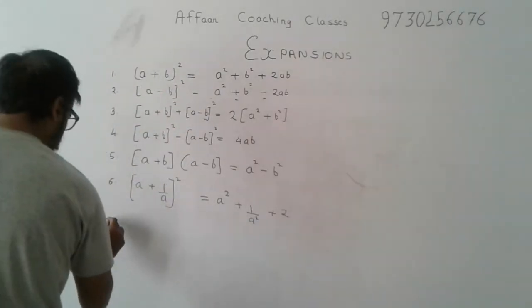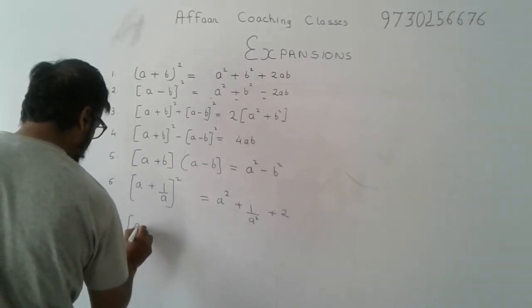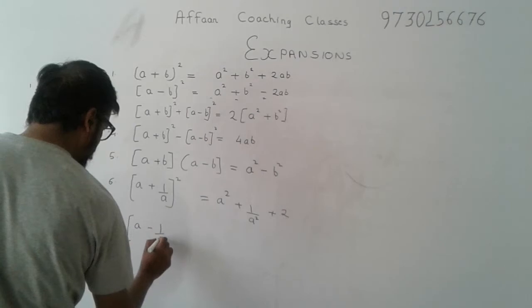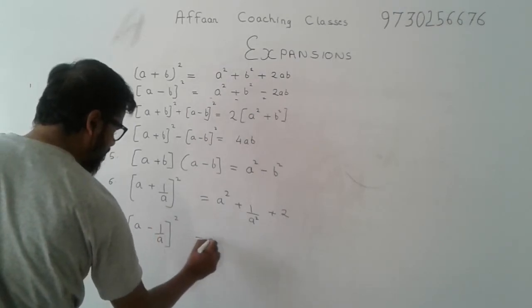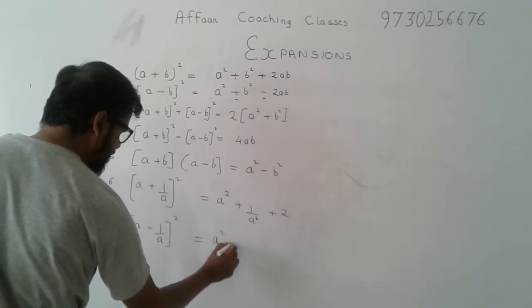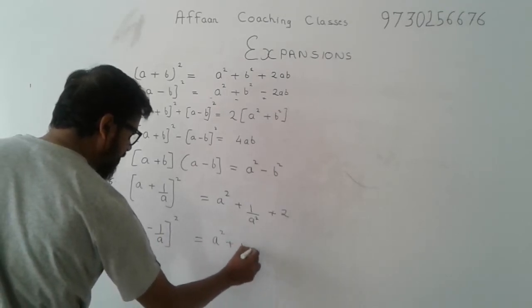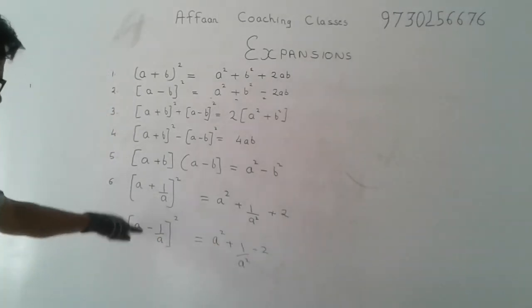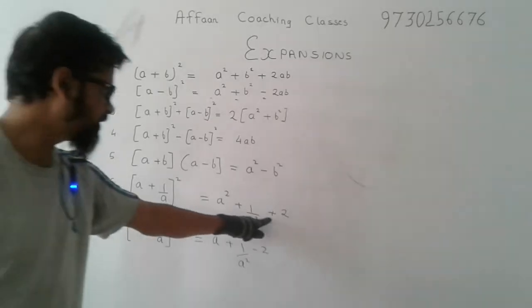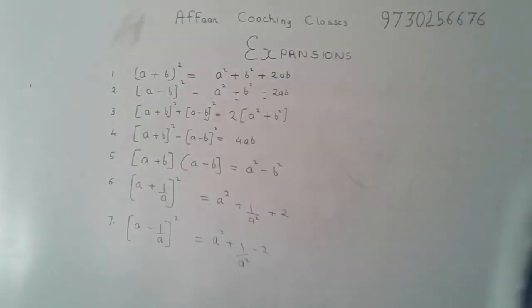Similarly, if you look at the next formula, (a minus 1 upon a) whole bracket square, in the same way will give you a square plus 1 upon a square minus 2. Since here it was plus, here it was minus, so the sign changes. The rest everything is the same. Clear? Now let's move on to the next formulas.